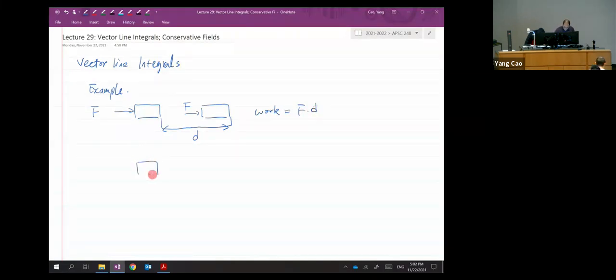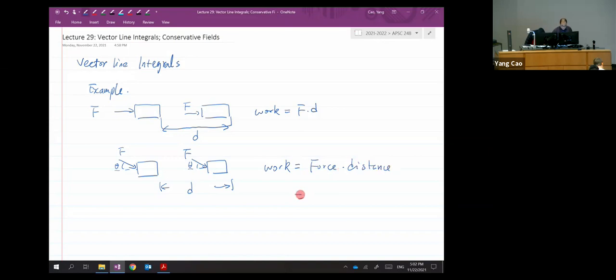Now, if your force is actually applied at an angle to the horizontal direction, and you push it for a distance of d without changing the force's magnitude and direction, then work is again the force times the distance.